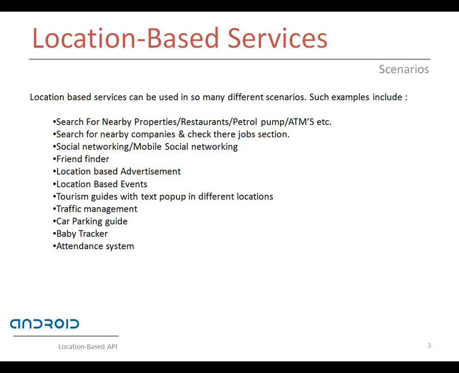That is useful for the tourist. They can see where the forts and lakes are in that particular city, and the application can design the route from that location to the fort or any other place. Similarly, they can check the route from their location to the hotel where they are lodging.